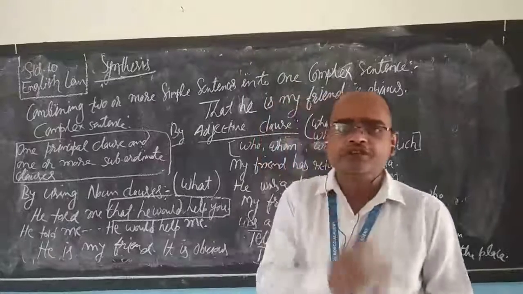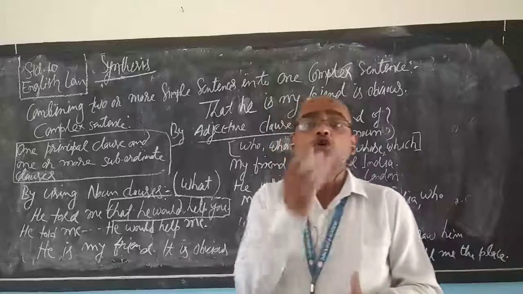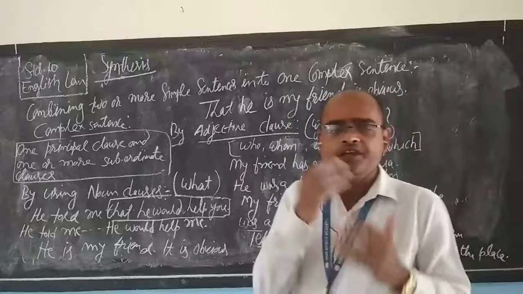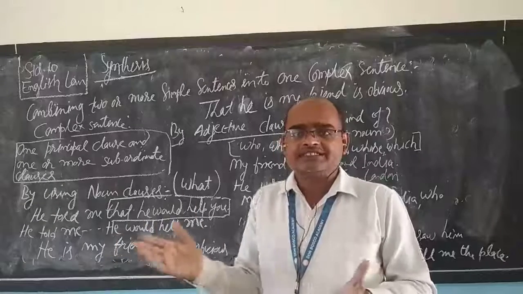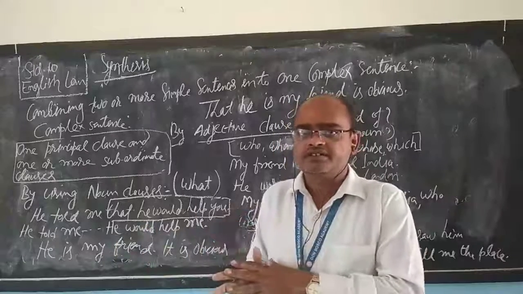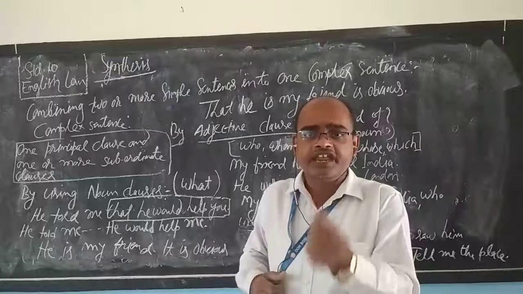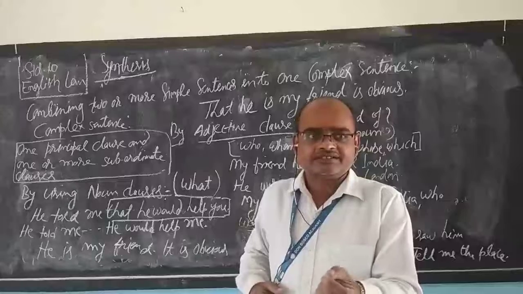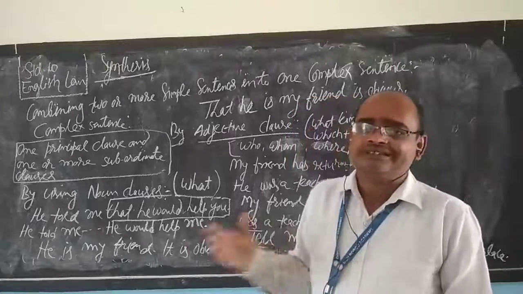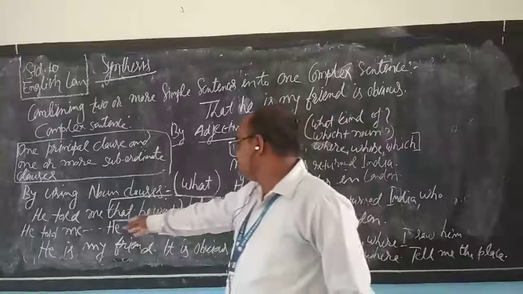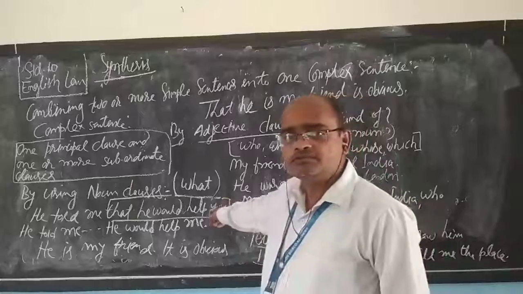The trick to identify a noun clause is to ask a question like what. I know what your name is. If you ask, what do you know? The answer is what your name is. So what your name is is a noun clause. Here's an example. He told me that he would help you.